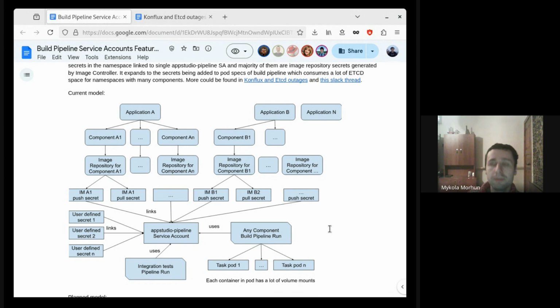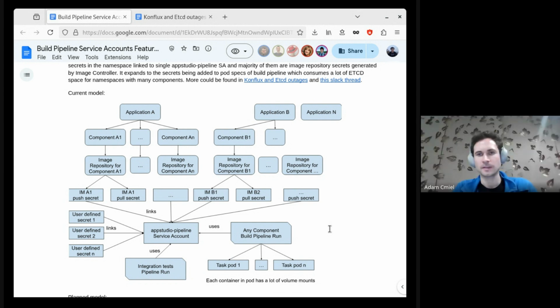For push, I guess with the current model we have the same, because they are all bound to the service account, and yes, we would have exactly the same behavior now. And in the end, they are combined together in the pod. Yeah, that's another viable option to consider in this.